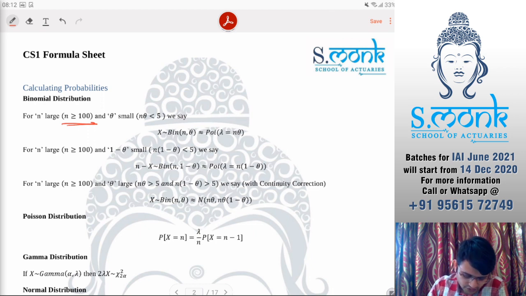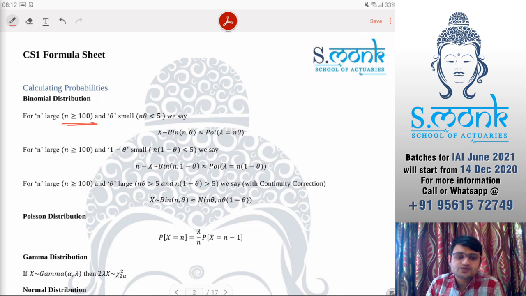If n is large, for our examination purposes, we assume large means greater than or equal to 100. In practical life, large means really large, thousands or even lakhs of values. But in the examination, greater than or equal to 100, we assume n is large.